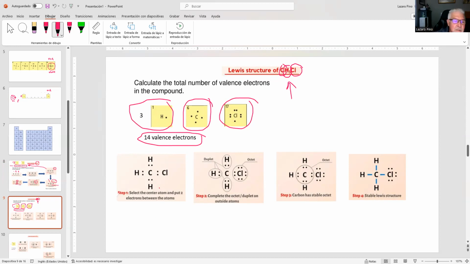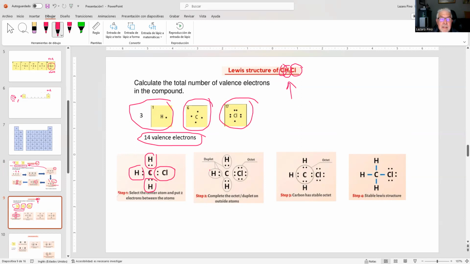And the first step is to represent the central atom. In this case, the central atom is carbon. And we have 1 hydrogen, another hydrogen, and another hydrogen, and we put 2 electrons between carbon and every hydrogen. And the same thing between carbon and the chlorine.